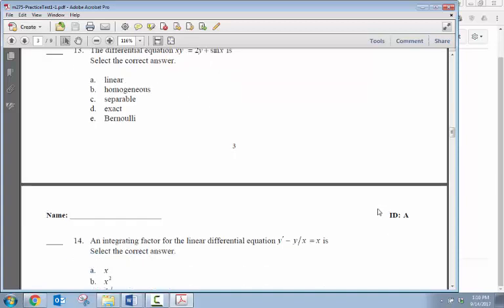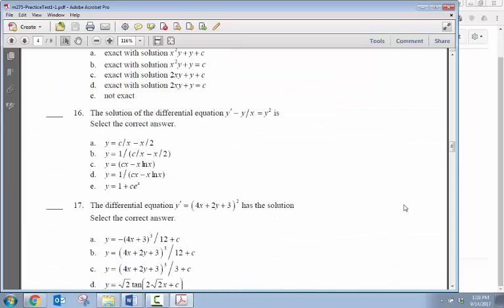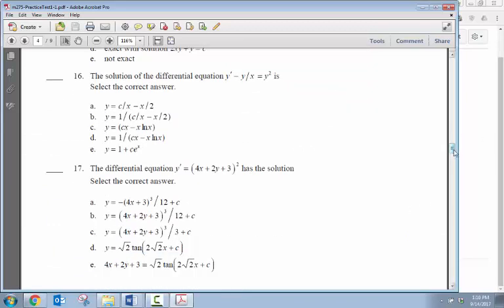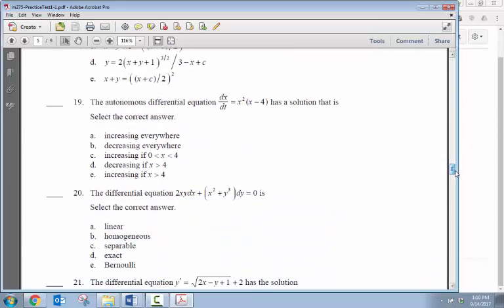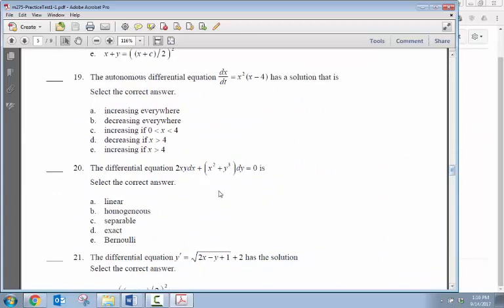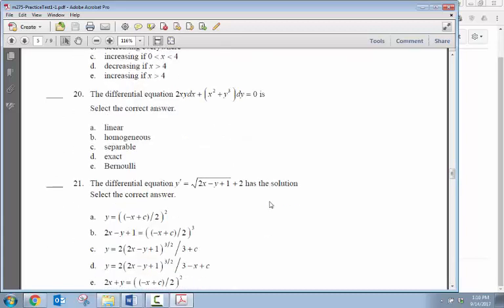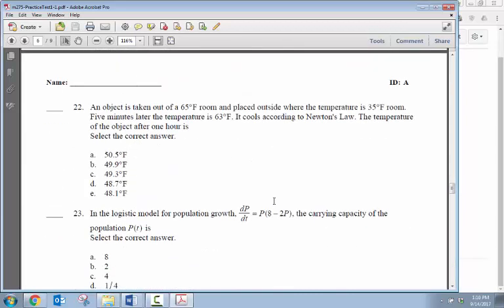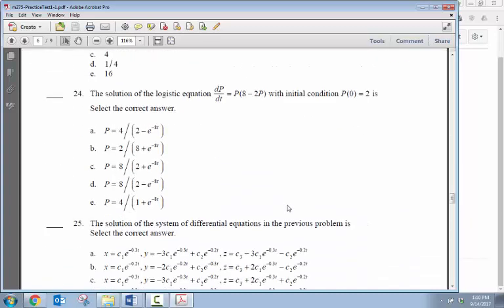Okay? All right, so what do you suggest we do? We can try to jump around and solve random differential equations here, or go in order from the top down, or go home.